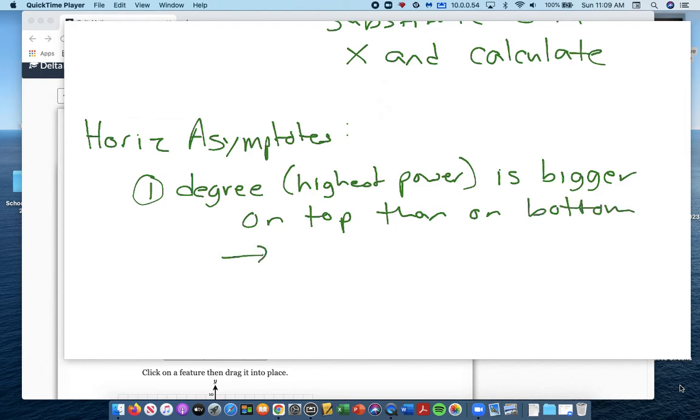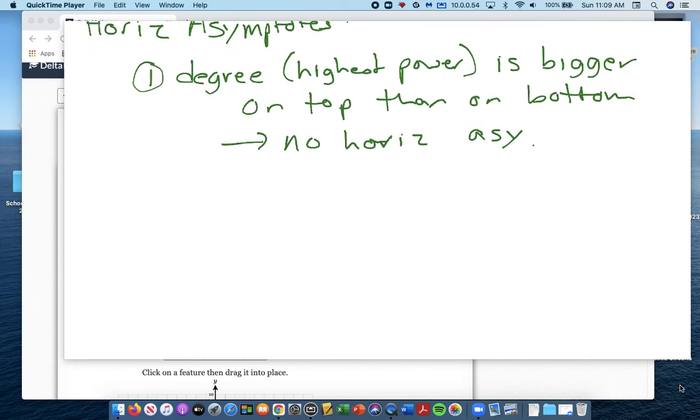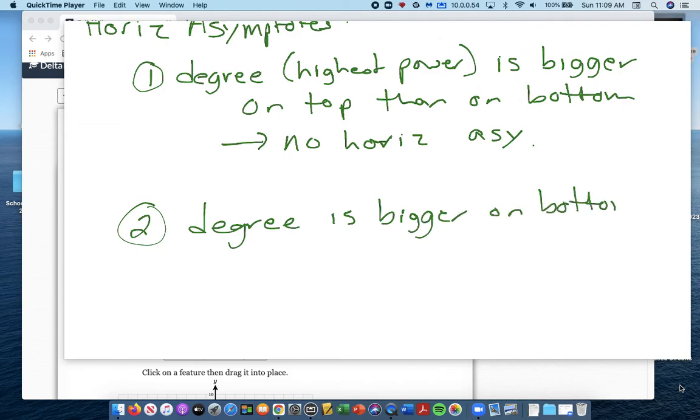What happens is you have no horizontal asymptotes. Now the next thing that can happen is the degree, again the highest power, is bigger on the bottom than on the top.